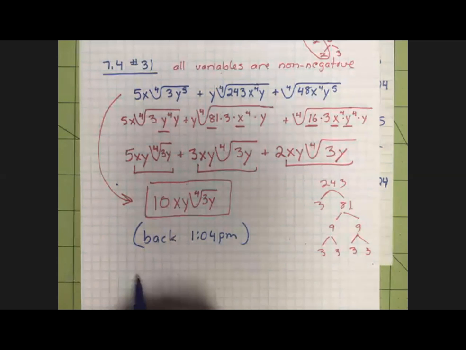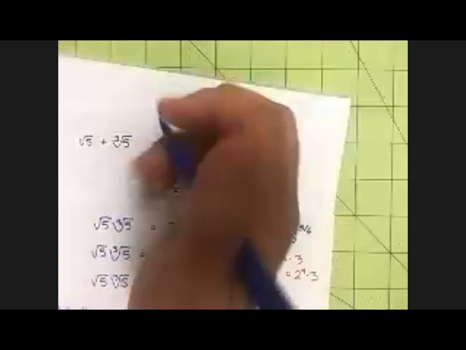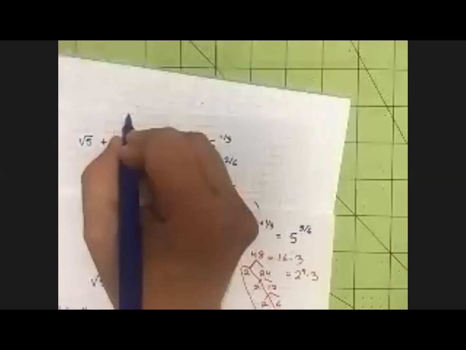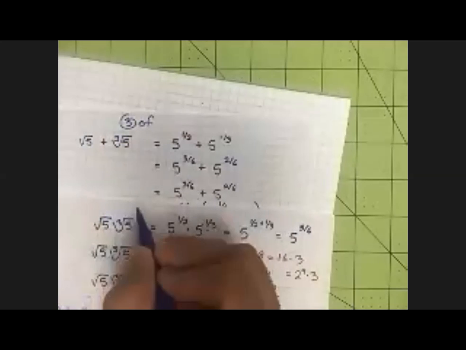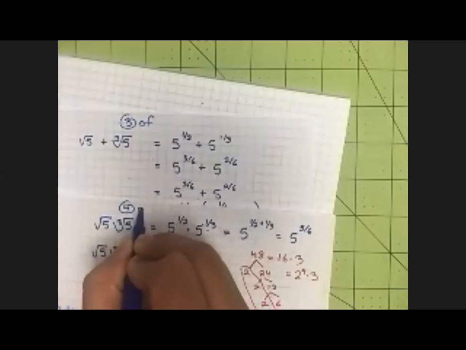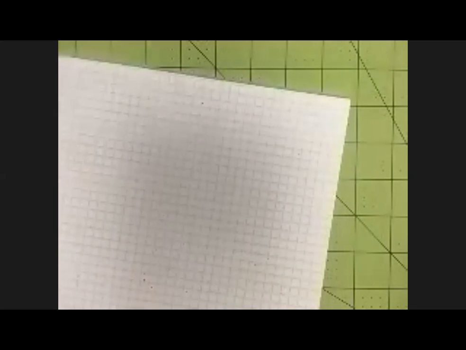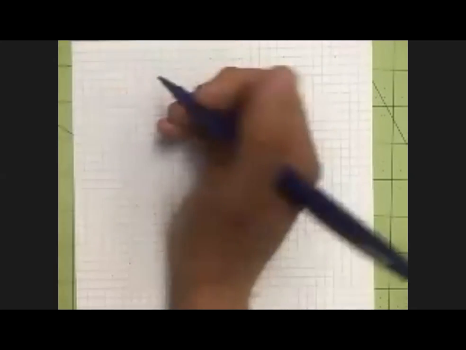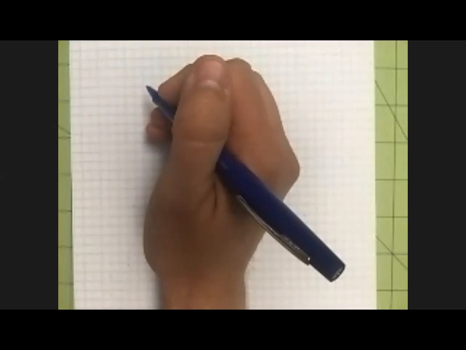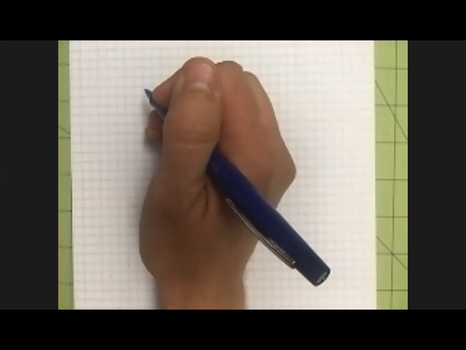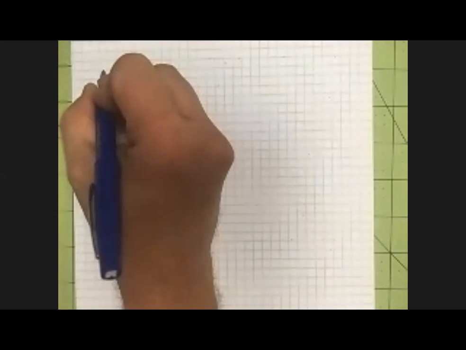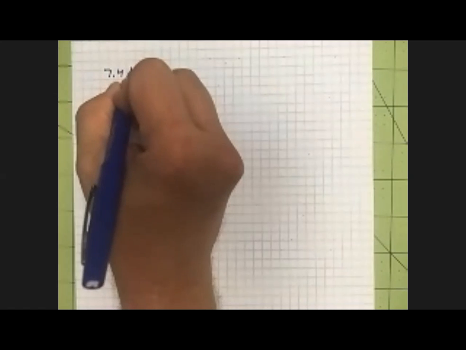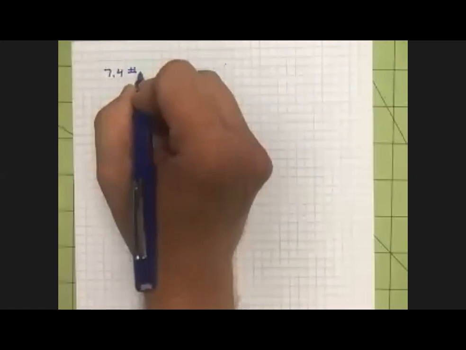Number three. I'm just numbering my papers so I can post them again after class. Let's look at this problem. Let's start to think about dividing almost. 7.4, number 39.